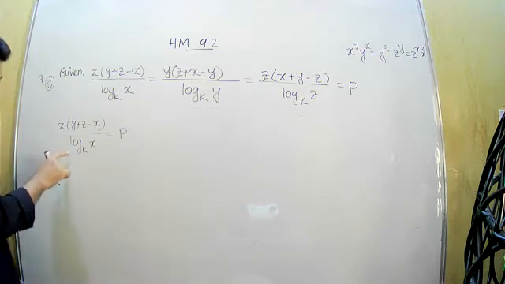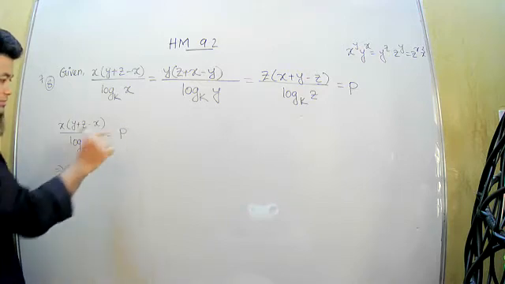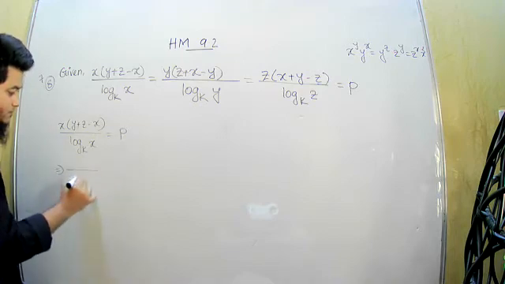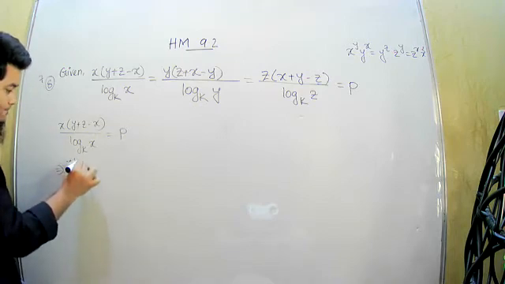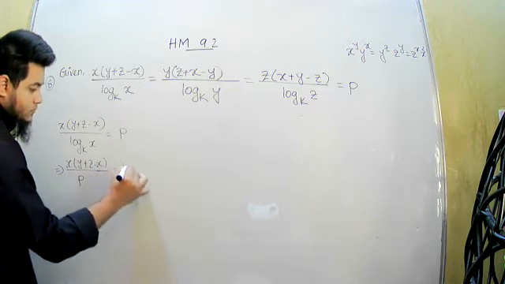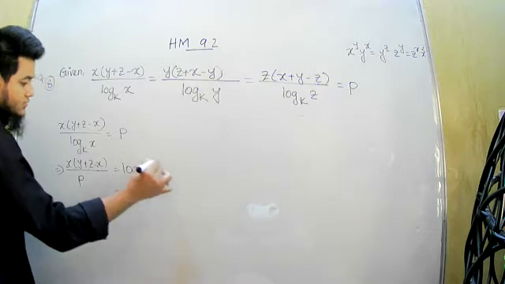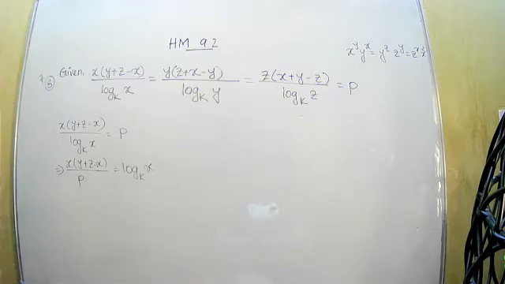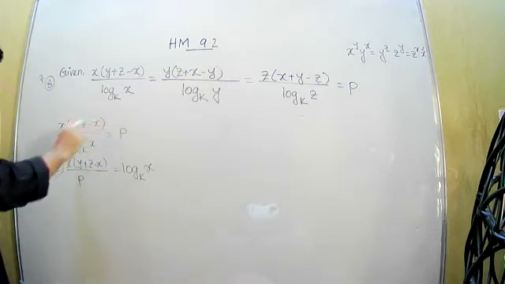So if I cross multiply, y plus z minus x is equal to log k base x, right? They will change their place.